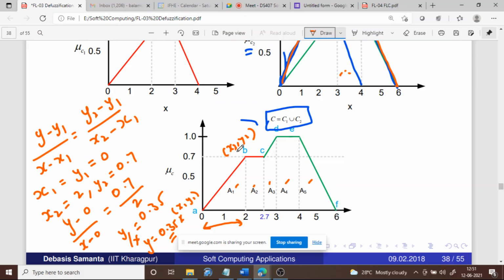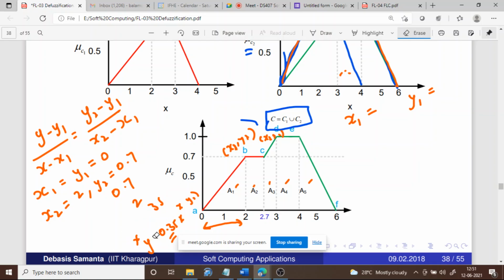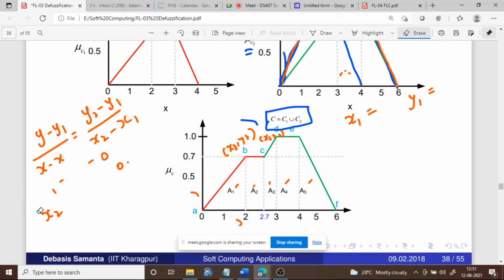If you take BC, then this point is x1 y1 and this point is x2 y2. Now what is x1 y1 if you consider BC?